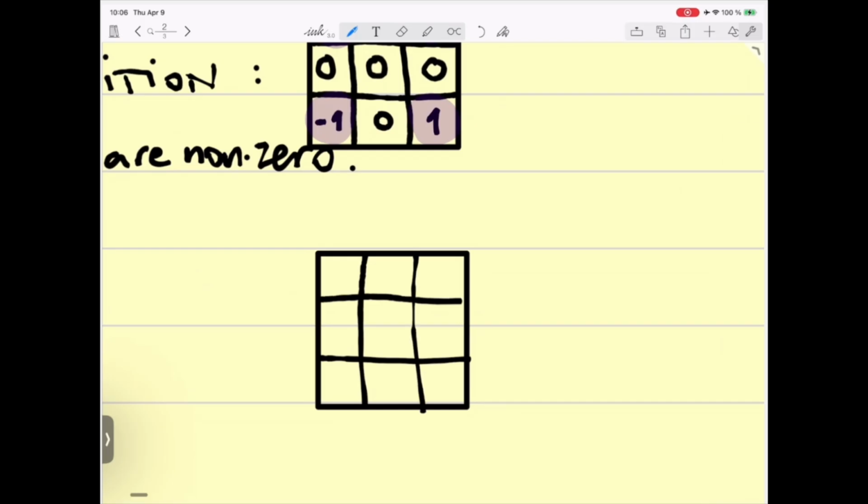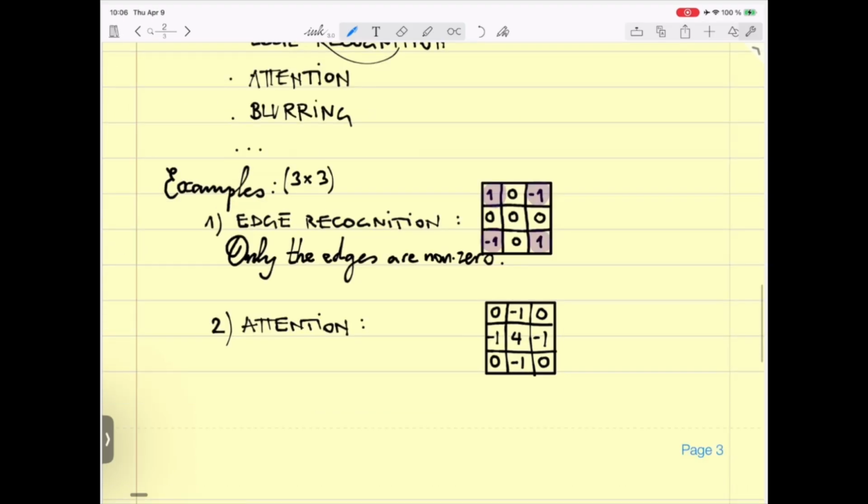Now our attention kernel is going to be 0, -1, 0, -1, 4, -1, 0, -1, 0. Okay, so here you see the corners are 0. In the middle, whatever we are looking at is very strongly multiplied by 4, and the things around are multiplied by -1, so they are made less relevant.